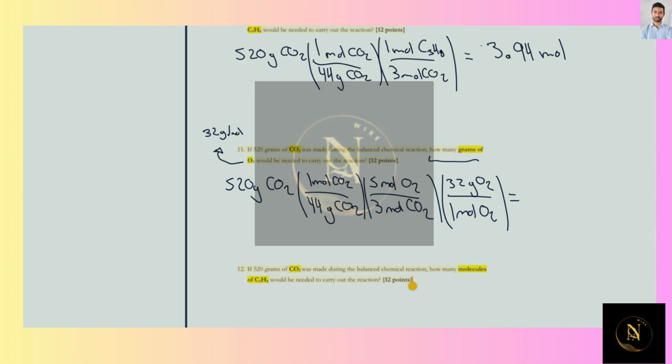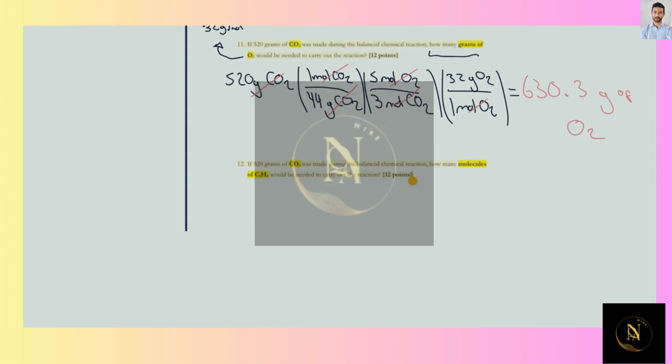Doing these operations, as you can see, the units are going to cancel out, and we're going to end up with grams of oxygen. So the result that we're going to get is going to be equal to 630.3 grams of O2.